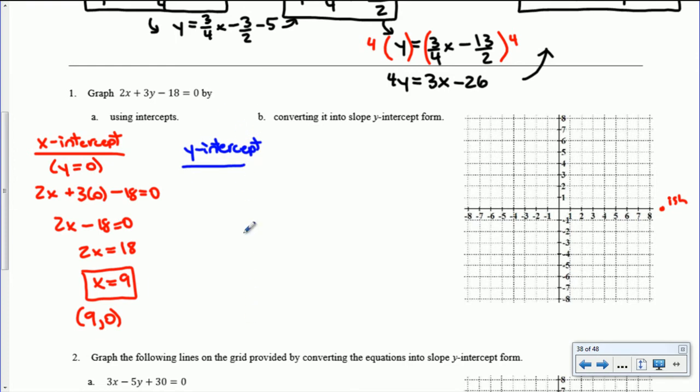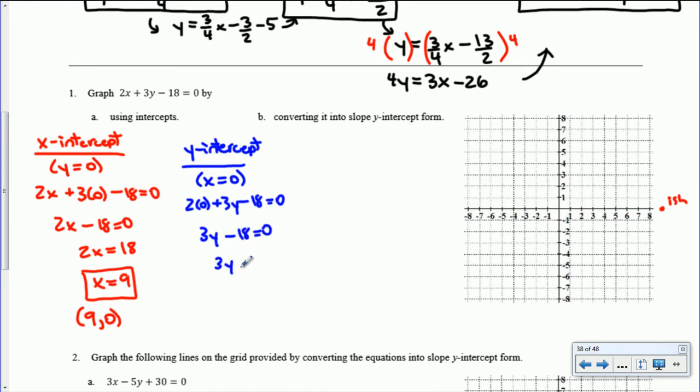Just try to keep it to the left of this line if you can. So for the y-intercept, what's the value of x when it crosses through the y-axis? It's 0, so I put 0 in for x. 2 times 0 plus 3y minus 18 equals 0. So I get 3y minus 18 equals 0.